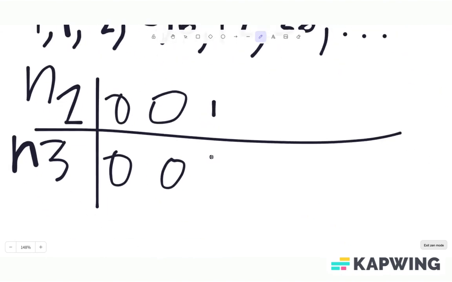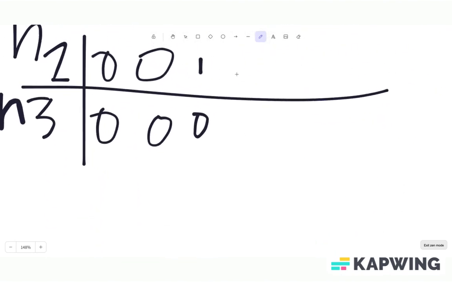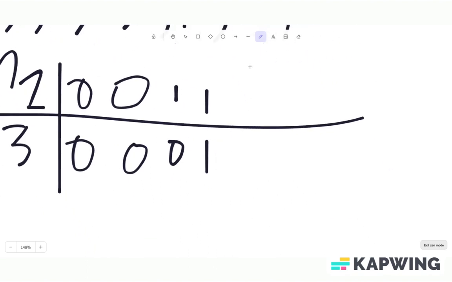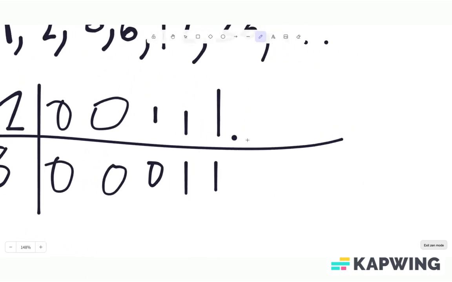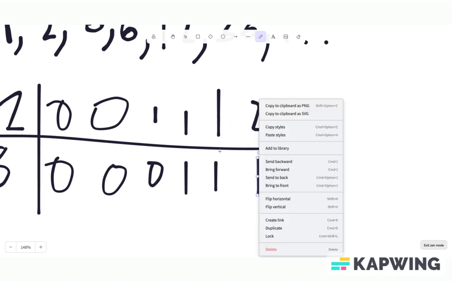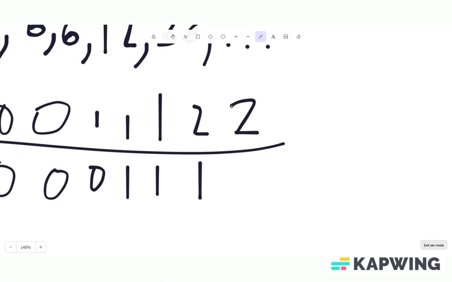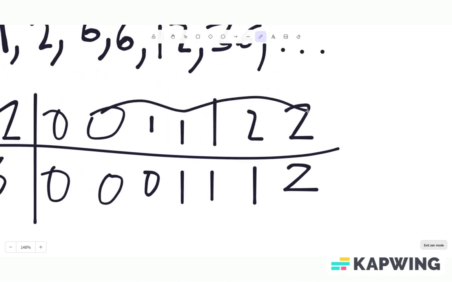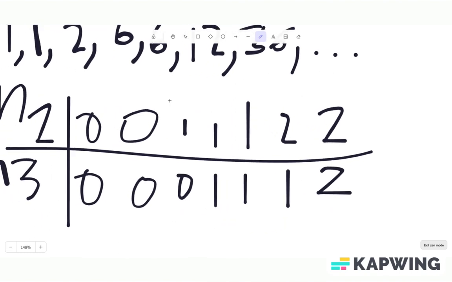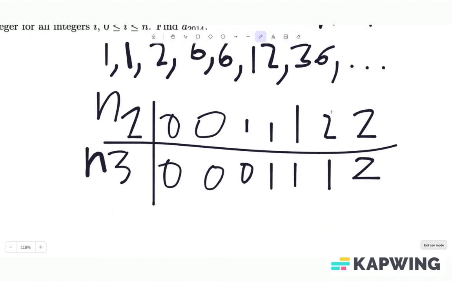Then we have a 2, a 6, another 6, a 12, a 36. Note that it's only increasing and following a direct pattern. Eventually it's going to increase by 1.